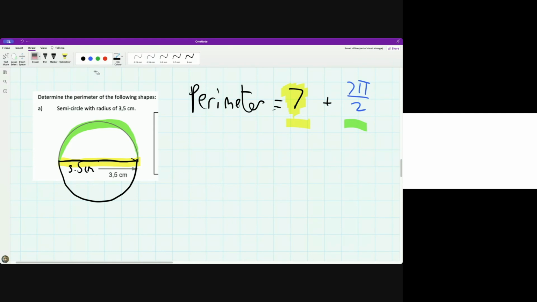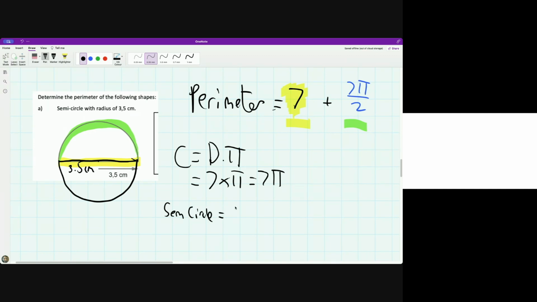If I want the circumference of the circle, it's just going to be diameter times pi, which is 7 times pi, which is the same as saying 7 pi. The problem is you've now got the whole big circle. So instead, for a semicircle, the circumference will be 7 pi divided by 2. Give me a thumbs up if you are following me with the green stuff.